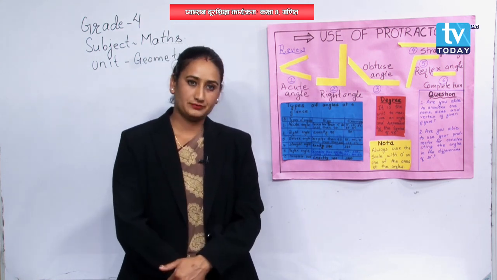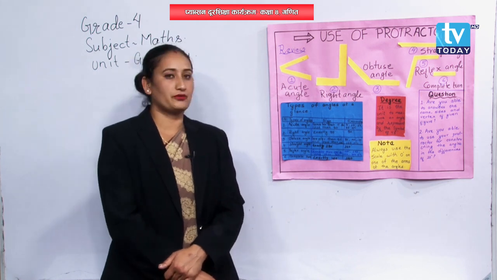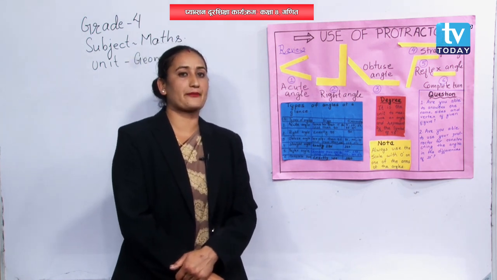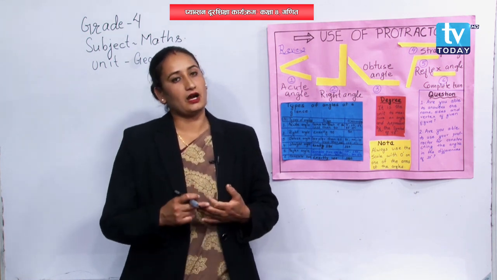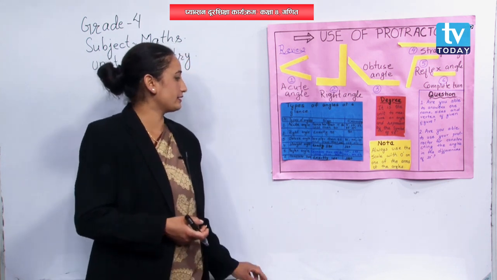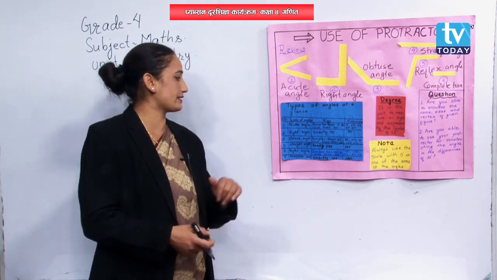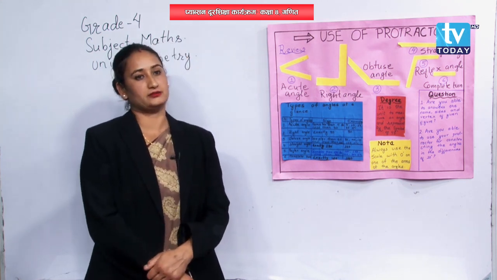Do you understand? So now let's move on. I hope you can give the examples for acute angle, right angle and then obtuse angle. Then after that, see here, the straight angle is here. Which angle is there? Straight angle.